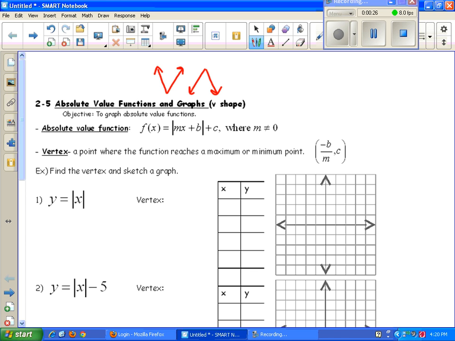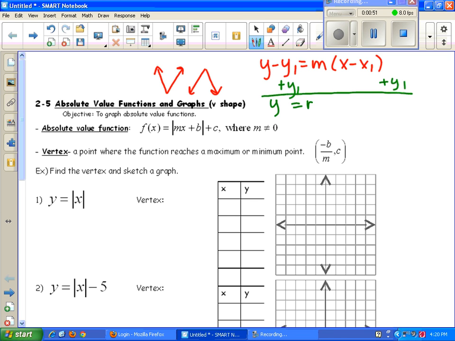So let's go back to some things that we've already learned this year. We've talked about point slope form. Remember, point slope form is y minus y1 equals your slope m times x minus x1. If I add this y1 to the other side and solve, I get y equals m(x minus x1) plus y1.